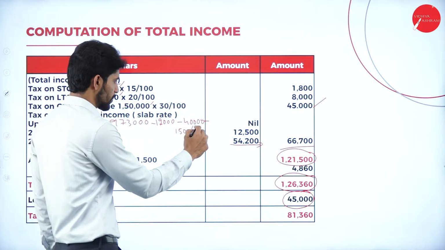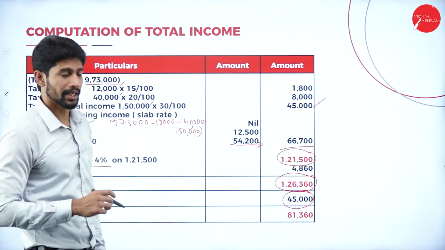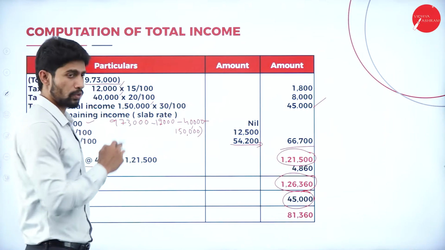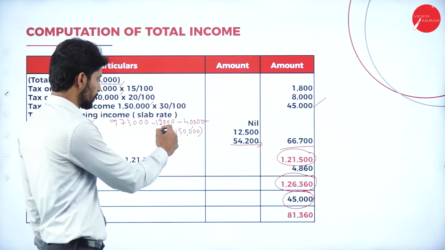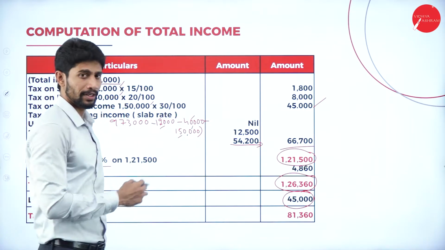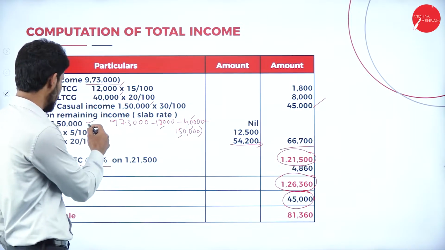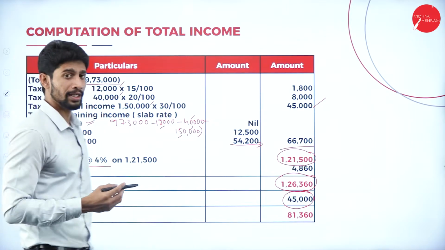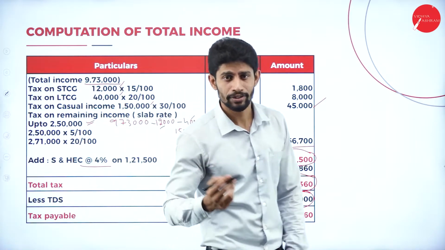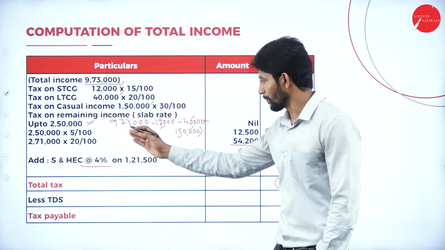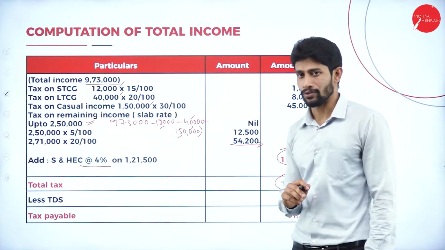So whatever balance you get, that is called the remaining income. So 9,73,000 is the total income. In that we already taxed 12, 40 and 1,50,000. So deduct this value, you will get the balance. On that balance you are supposed to apply the slab rate: up to 2,50,000, next 2,50,000 to 5 lakh, 5 lakh to 10 lakh, above 10 lakh. If you apply the slab rate, you will get the values.